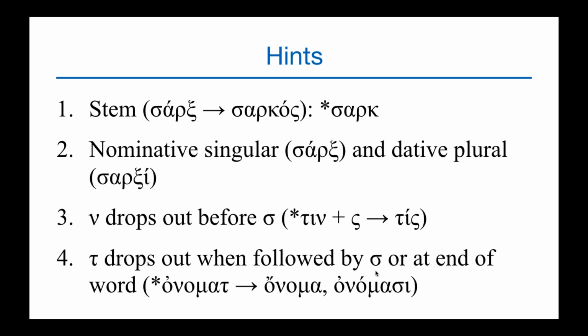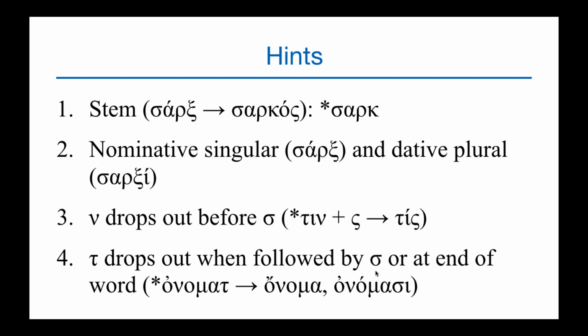When you look for the stem, what you're going to be memorizing is the genitive form along with the nominative lexical form that we normally memorize. You can see here.